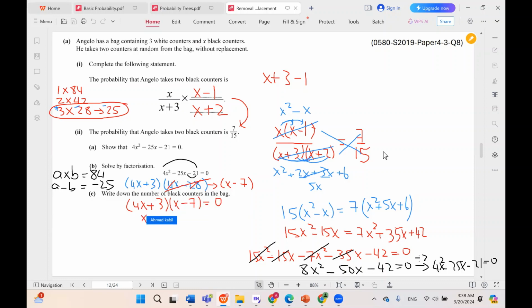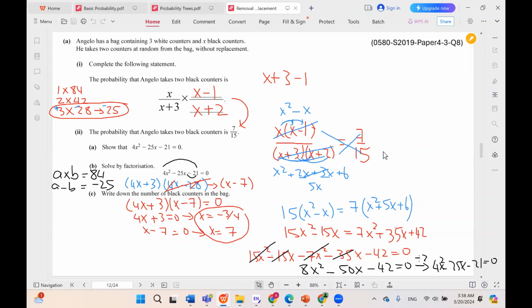So either 4x plus 3 equals 0, in which case x is negative 3 over 4, or x minus 7 equals 0, in which case x equals 7. And these are the two solutions for B.